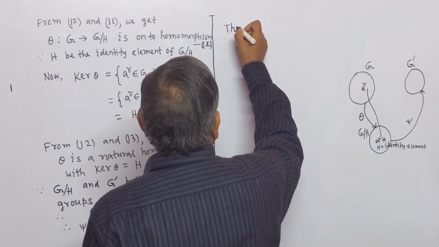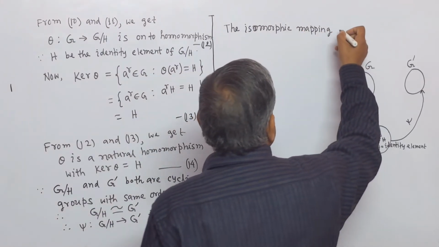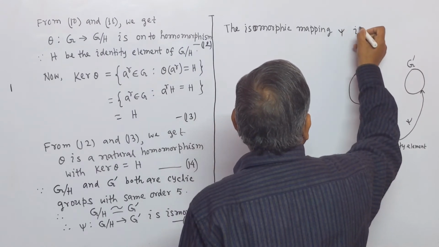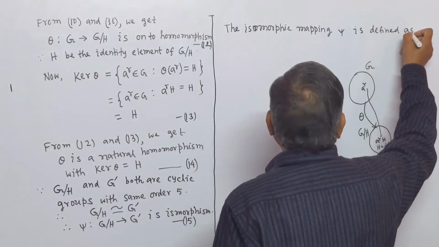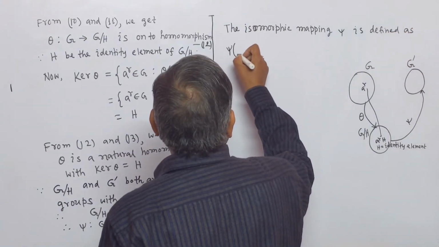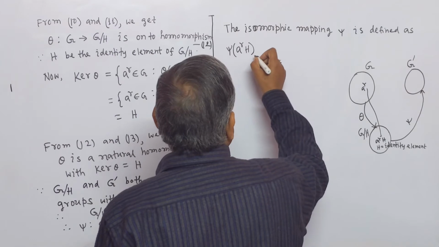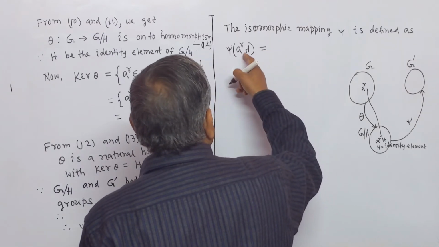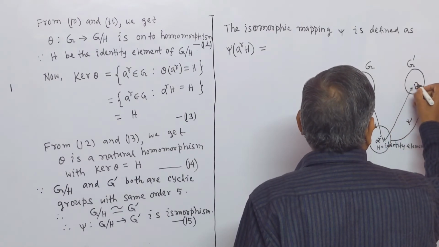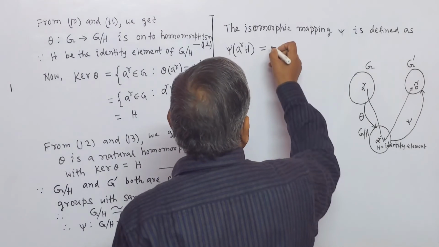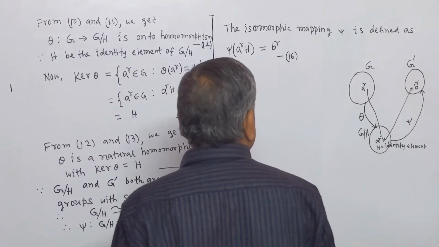The isomorphic mapping psi is defined as psi of A to the power R H, its image is B to the power R. Let this is number 16.